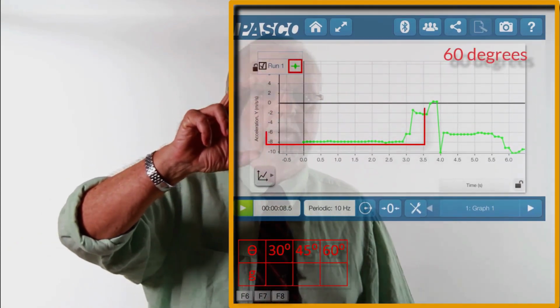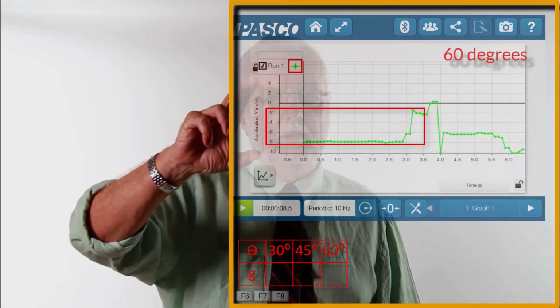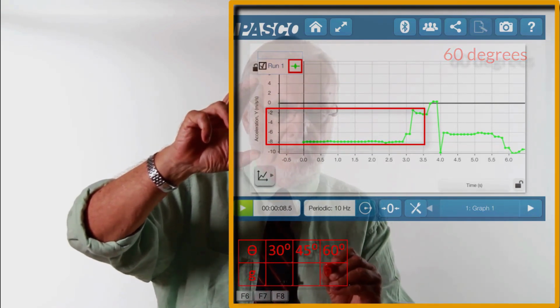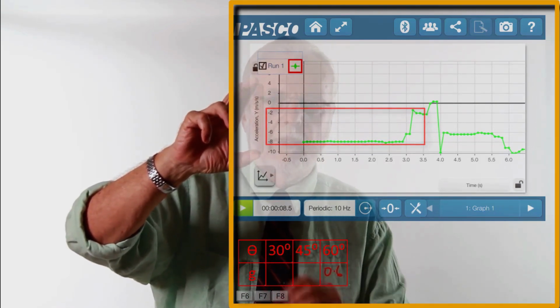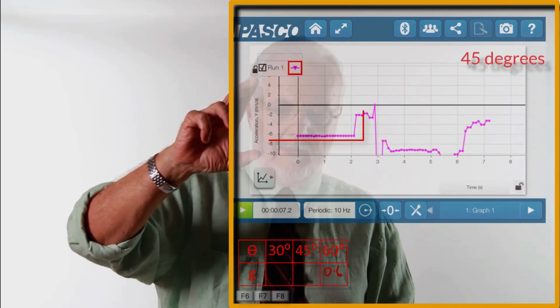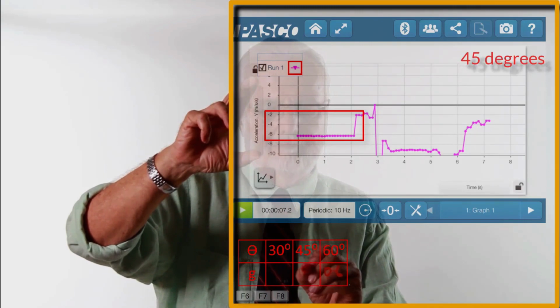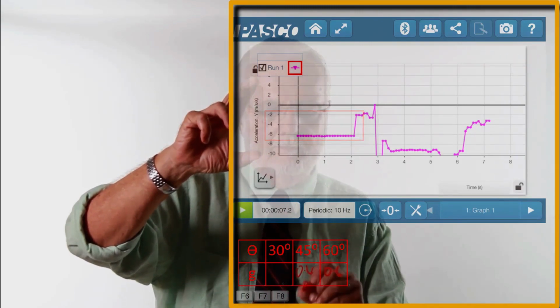We can analyse each graph in turn. So for 60 degrees we get 8 minus 2, which is 0.6 G. For 45 degrees we get 0.4.